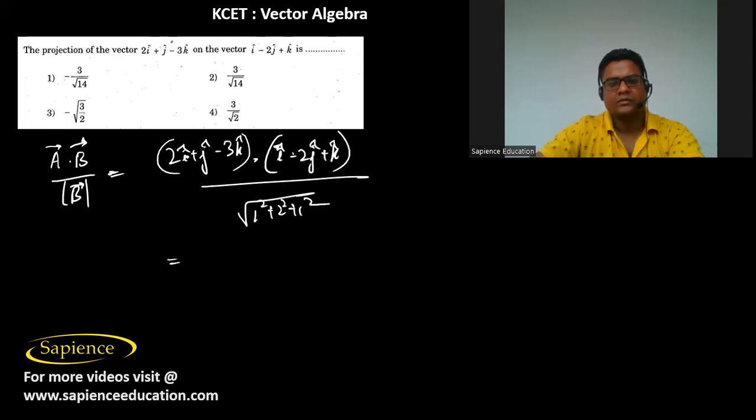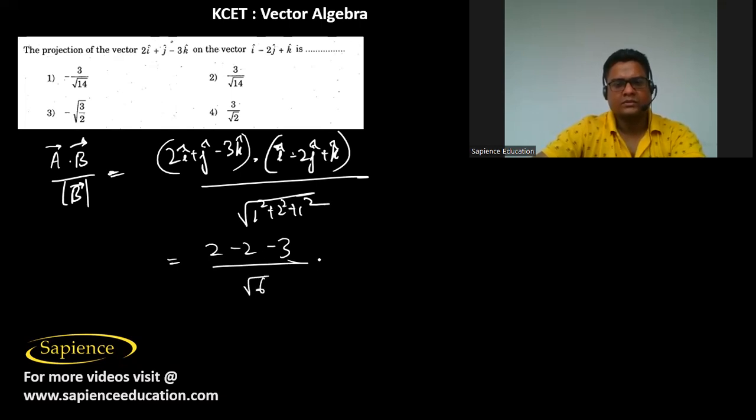So this will be 2 ones are 2, minus 2 minus 3, plus 1, divided by 1 plus 4 plus 1, 6, so root 6.